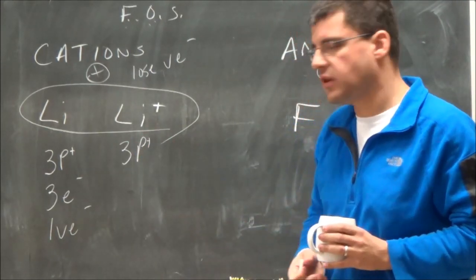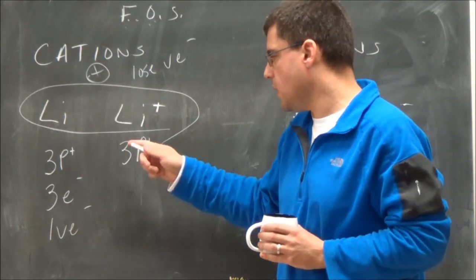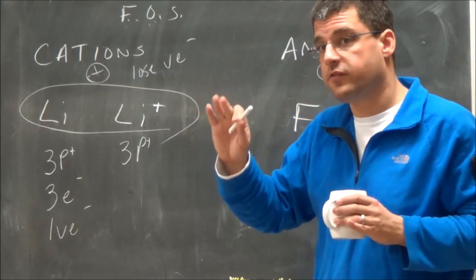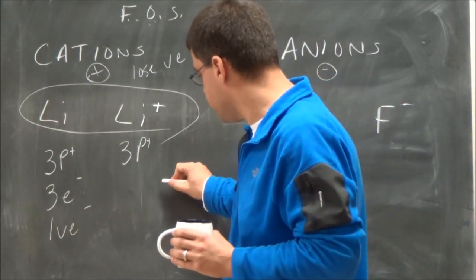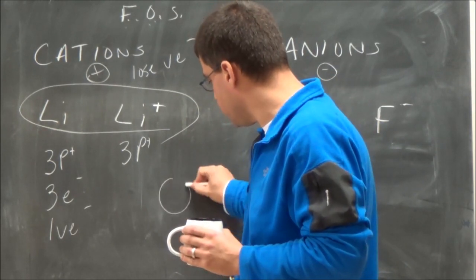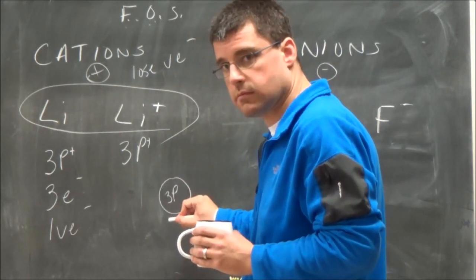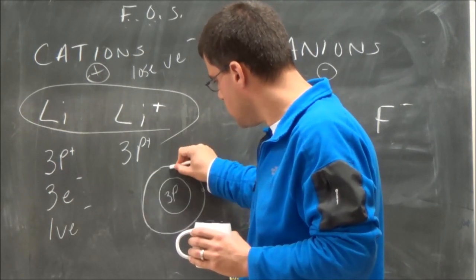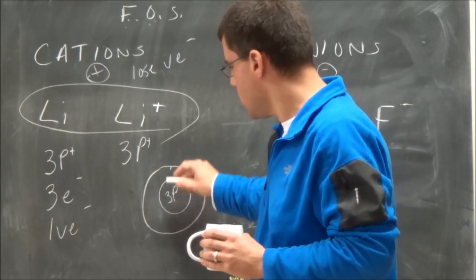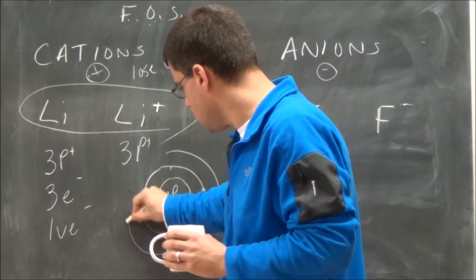Here, I've got the lithium ion. We know it has 3 protons, and its atom has 3 electrons. In the nucleus, we've got 3 protons. The first level has 2 electrons, so we have to open up another level.